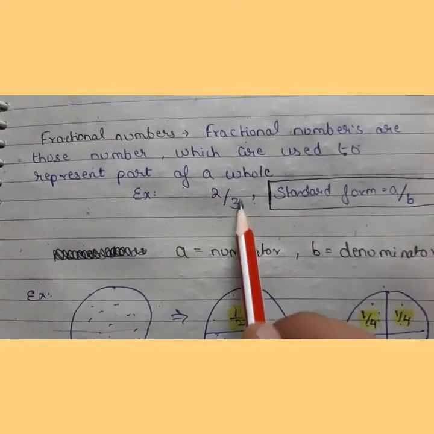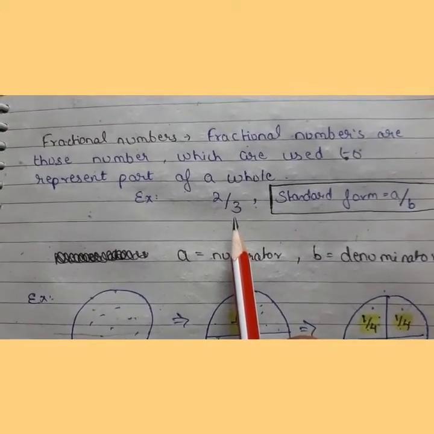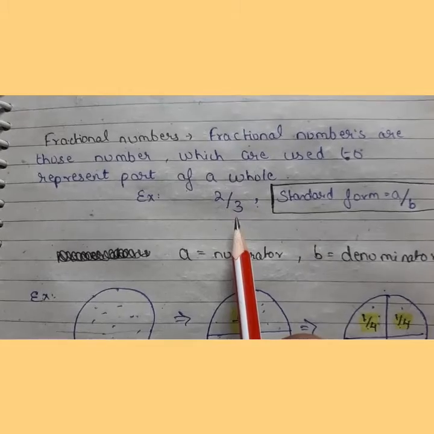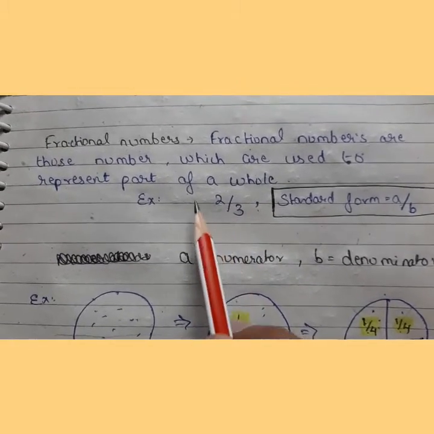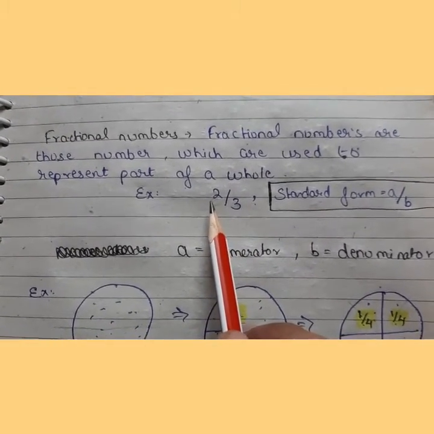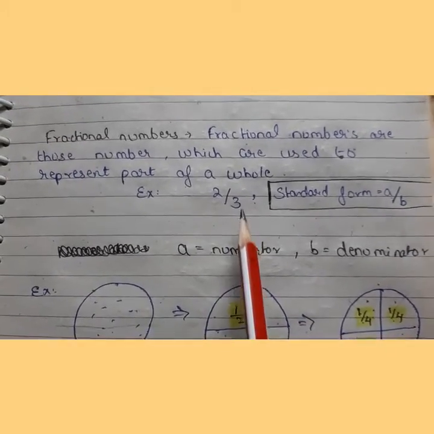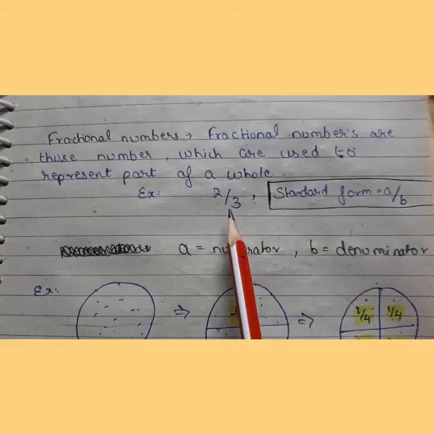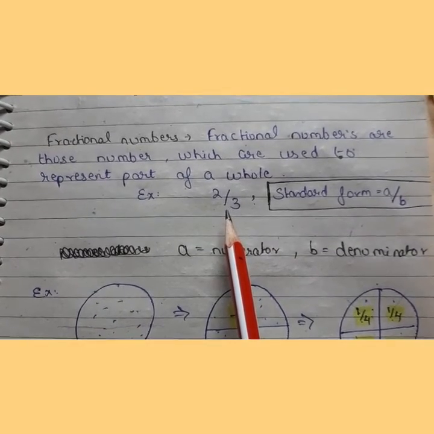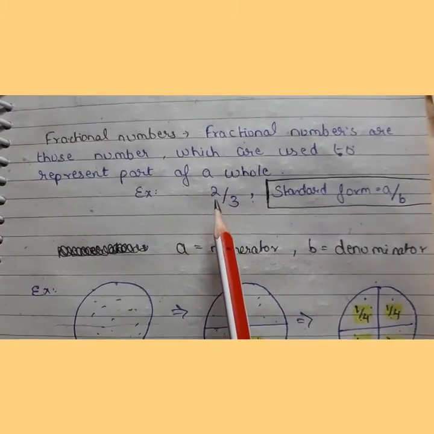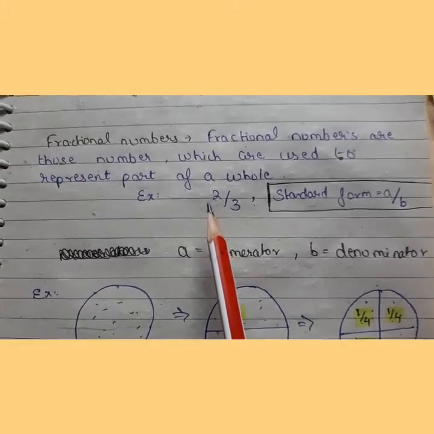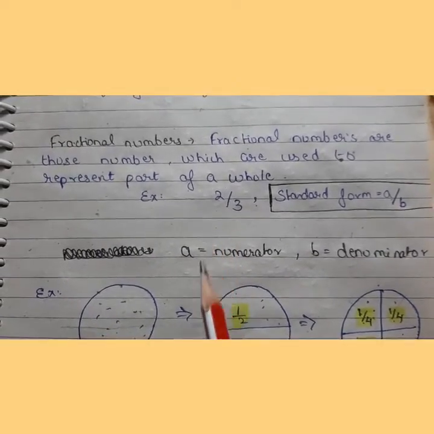Basically, the denominator tells you the number of equal parts into which something is divided, and the numerator tells you how many of these equal parts are being considered.